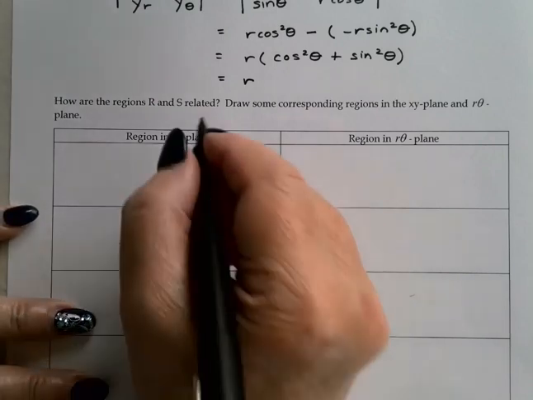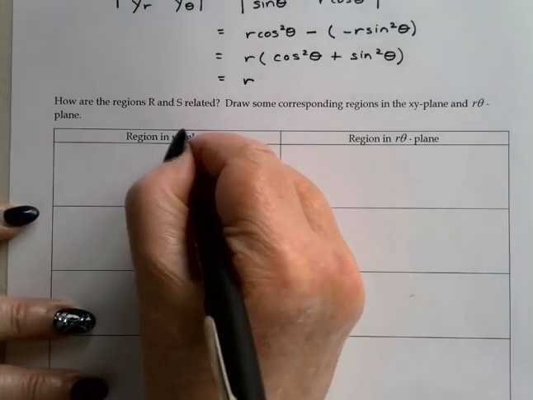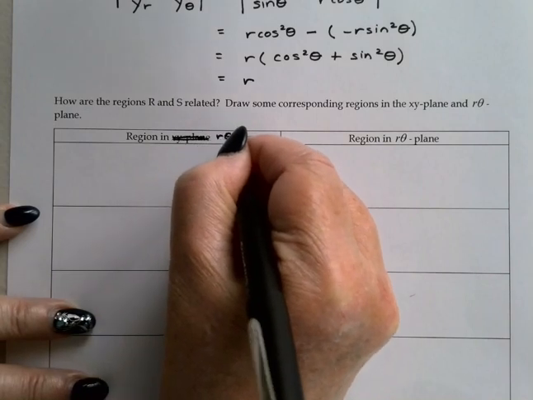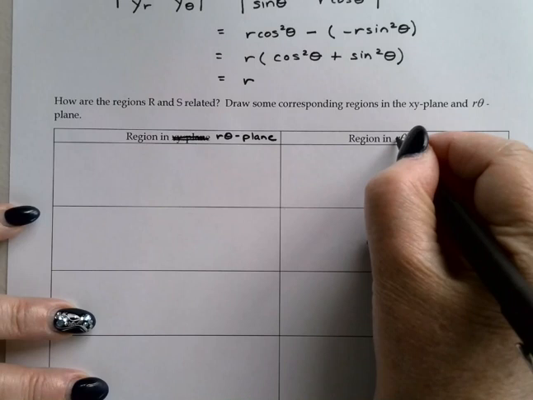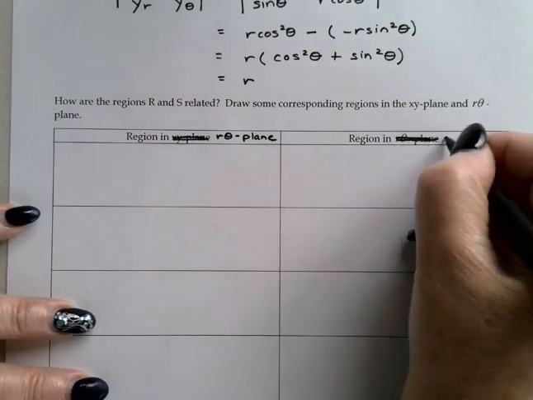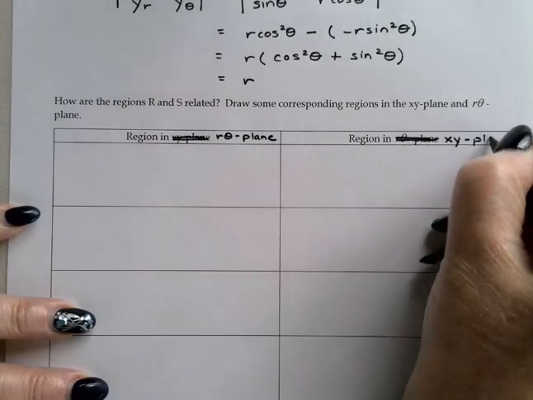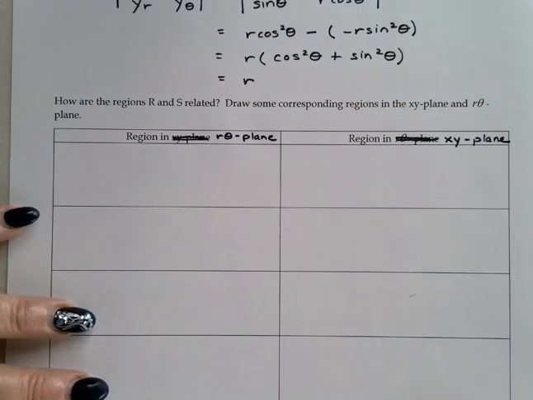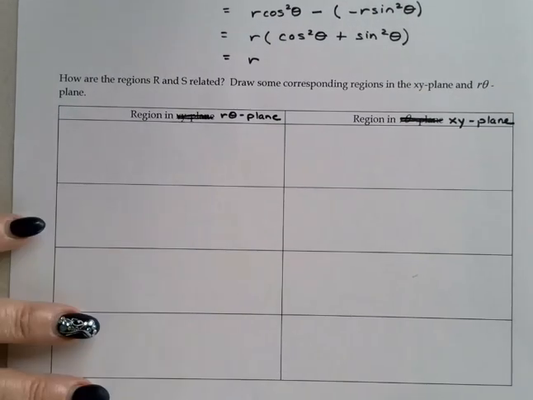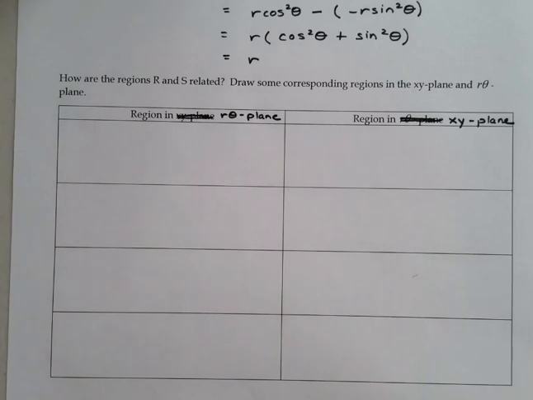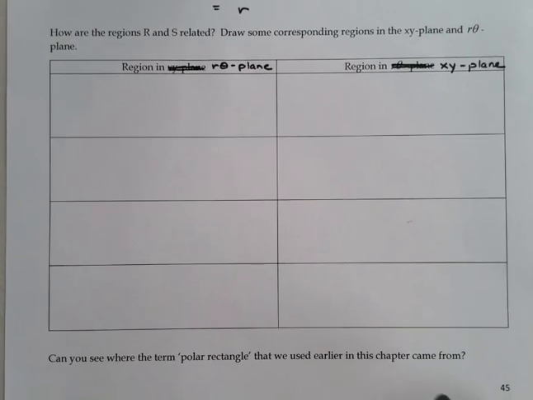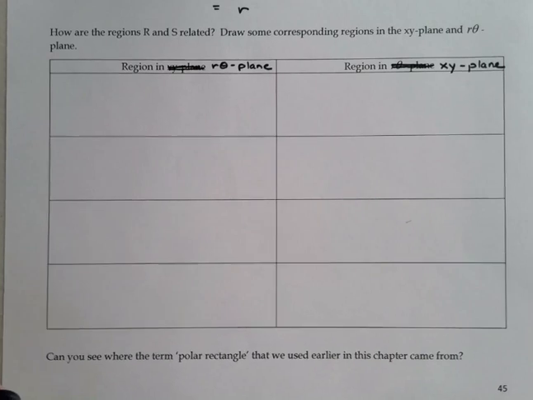But let's go ahead and do the region in the r theta plane here. And then we'll talk about the region in the xy plane over here. And this is no longer really specifically example 1. I'm just going to make up an arbitrary region in the r theta plane and look at what it looks like in the xy plane.